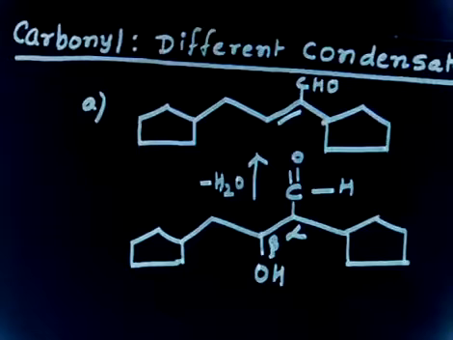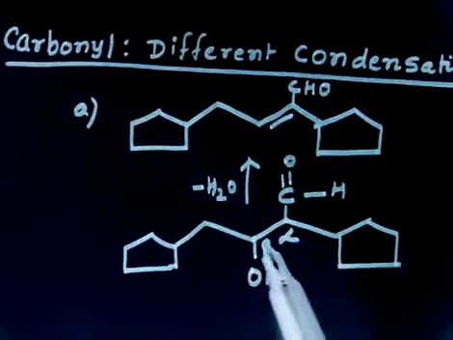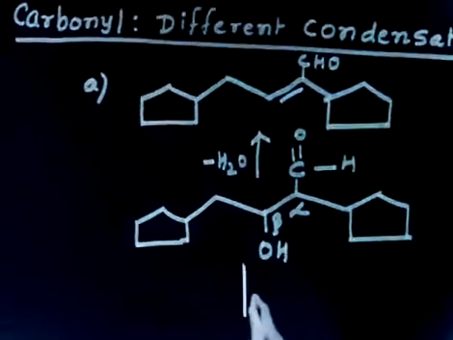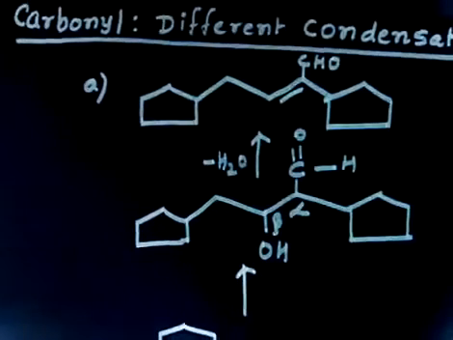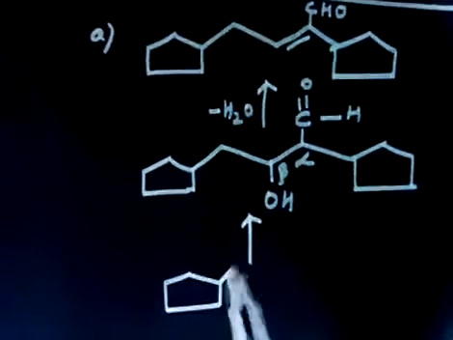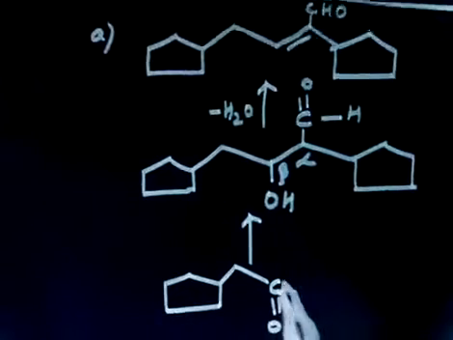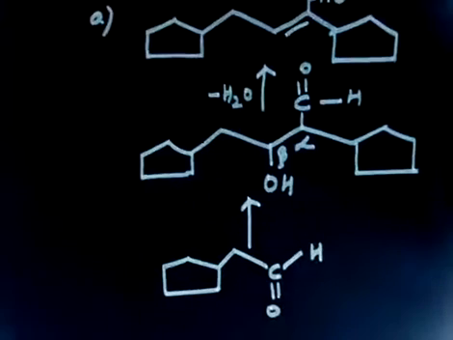Now this I can prepare. You see, how can I prepare this? I can prepare this if I attack something on this. So this is very easy to think. I can prepare this compound if I take this CHO. Are you getting or not?